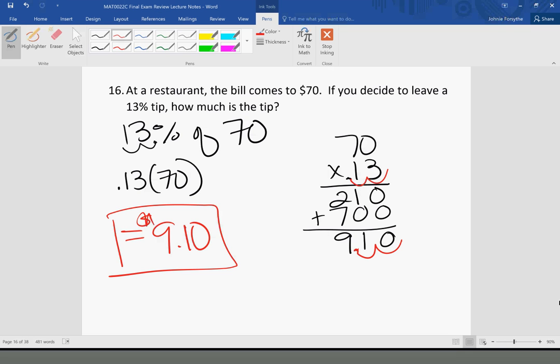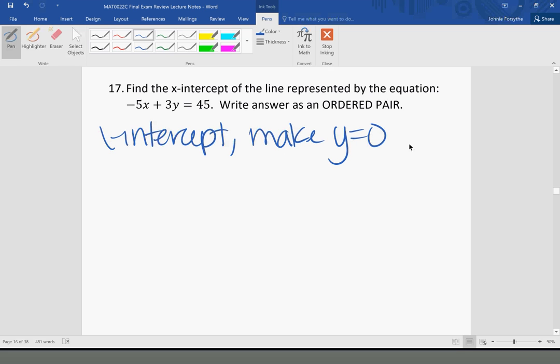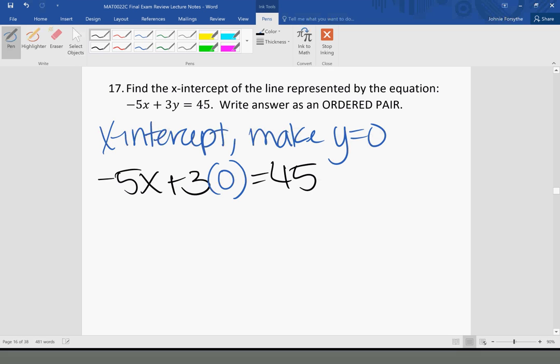Okay, so next we're going to look at some graphing. This is chapter 3. So find the x-intercept of the line represented by the equation negative 5x plus 3y equals 45. So to get the x-intercept, we want to make y equals 0 and then solve for x. So that's going to be negative 5x plus 3 times 0 equals 45.